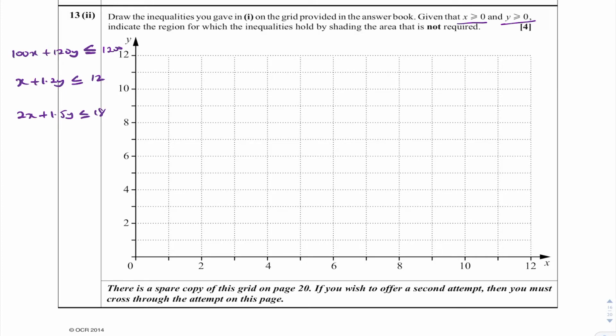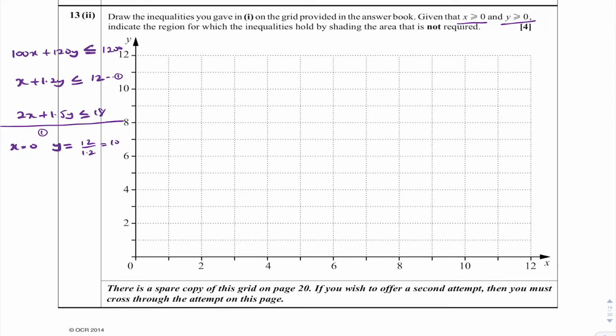In order to plot these, we need 2 points to plot a straight line. Let's call the first one equation 1. For equation 1, when x is 0, y is 12 over 1.2, which equals 10.